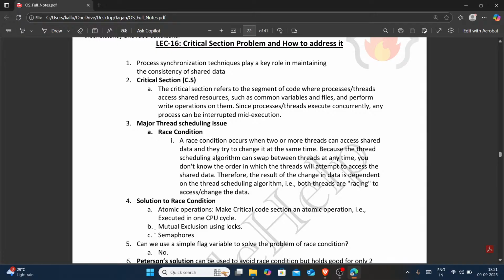Then, after coming back to the read section, our data is already updated. So when we read that data, we read it wrongly.